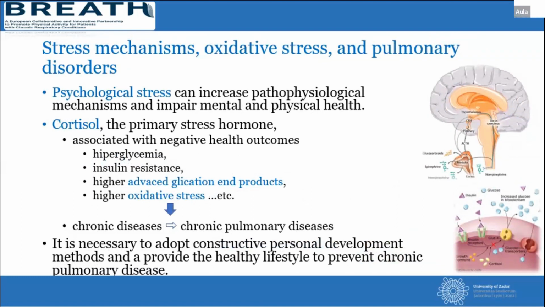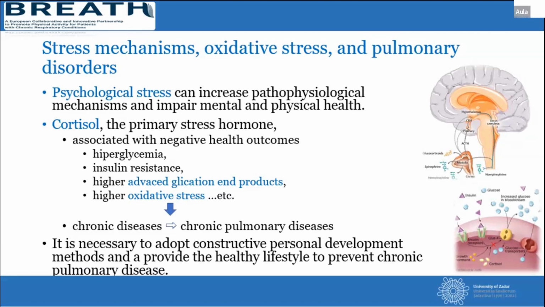Psychological stress also increases pathophysiological mechanisms. In that way, it impairs mental and physical health. For example, cortisol as a primary stress hormone is associated with many negative health outcomes, for example, hyperglycemia, insulin resistance, higher advanced glycation end products, and higher oxidative stress.